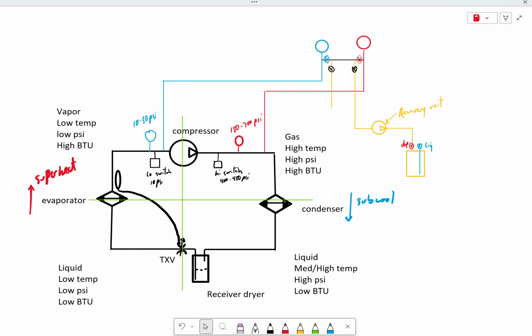If you don't know what's in the system, then what do you do? Venting it to atmosphere is not the answer. You're supposed to recover it into a disposal bottle. Then you take that back to your supplier and they incinerate it, and that's safer for the environment.